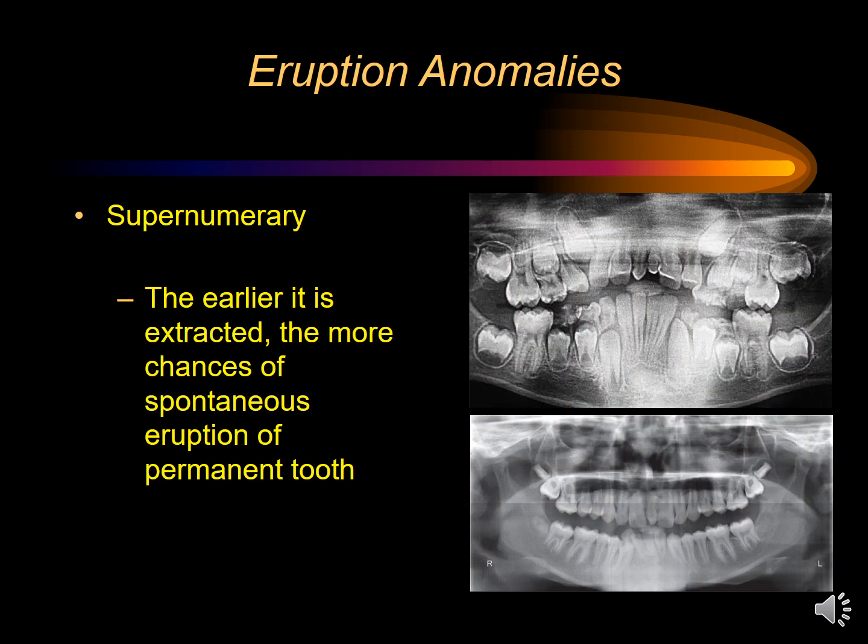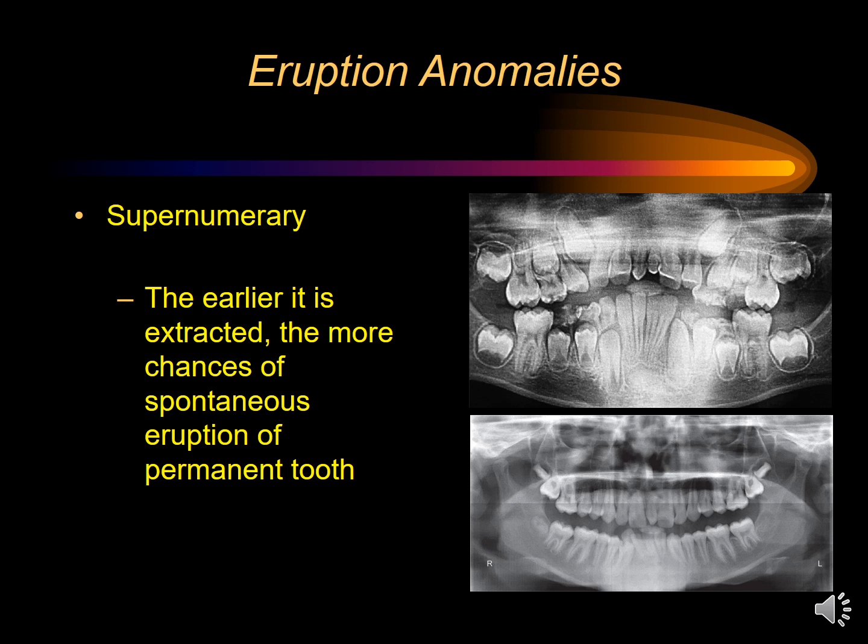Okay, if an extraction is to be done, the earlier the supernumerary tooth is extracted, the more chances of spontaneous eruption of permanent teeth. Now, if we look at these two OPGs, both have a supernumerary mesiodens in the midline.